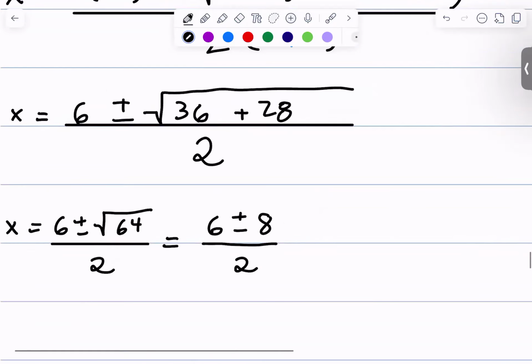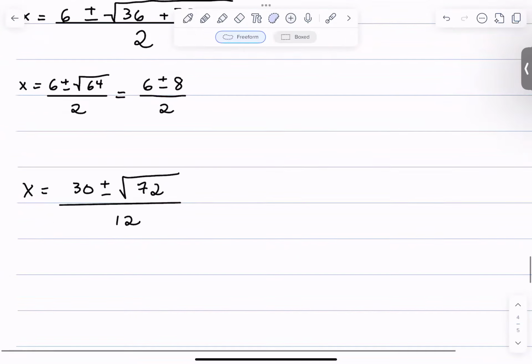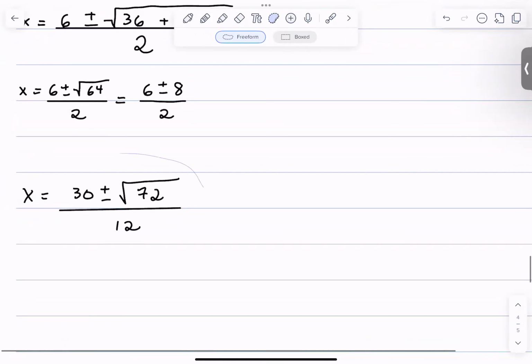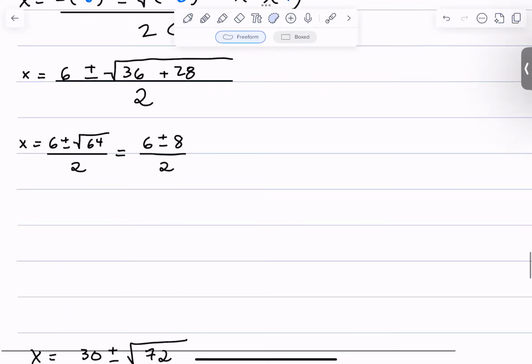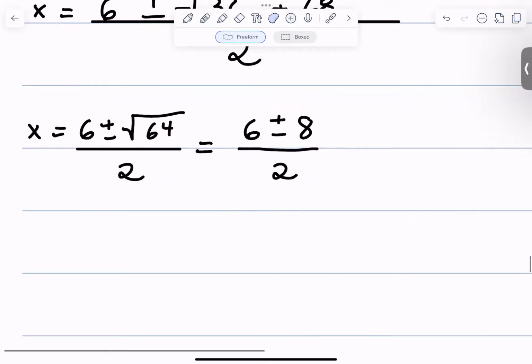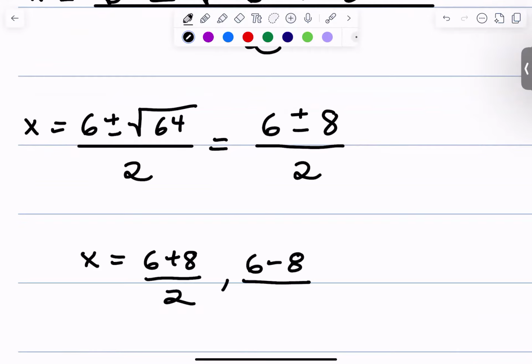So in this case here, class, and let me put this on the bottom. In terms of this, 6 plus or minus 8 divided by 2, x is going to equal 6 plus 8 divided by 2 and 6 minus 8 divided by 2.